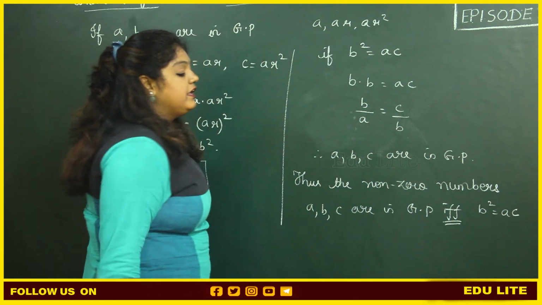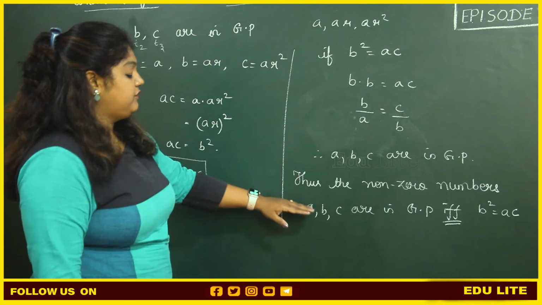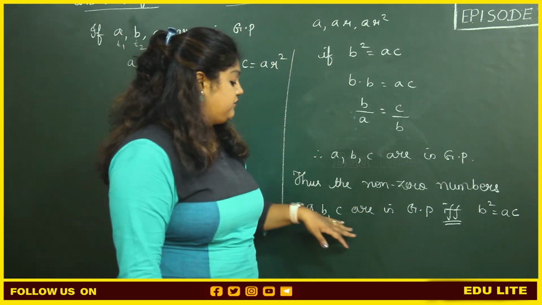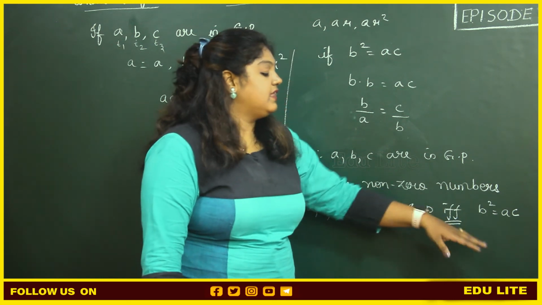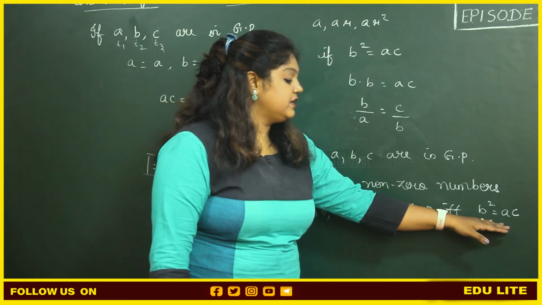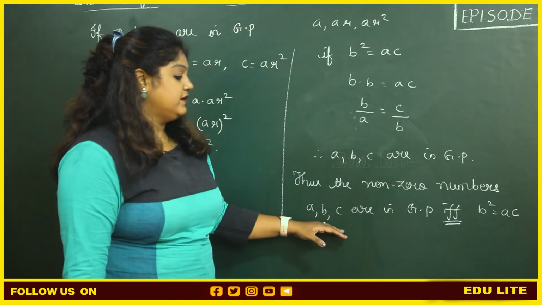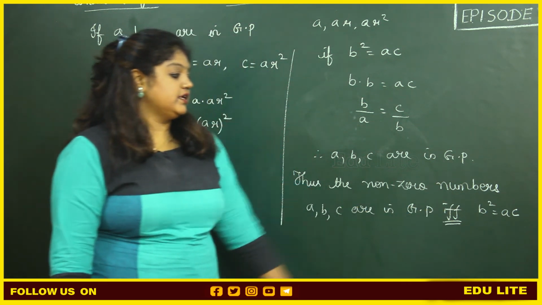What does if and only if mean? If A, B, C are in GP, then we can prove B square equals AC. The other way around, if B square equals AC, A, B, C are in GP. That is what the if and only if condition states.